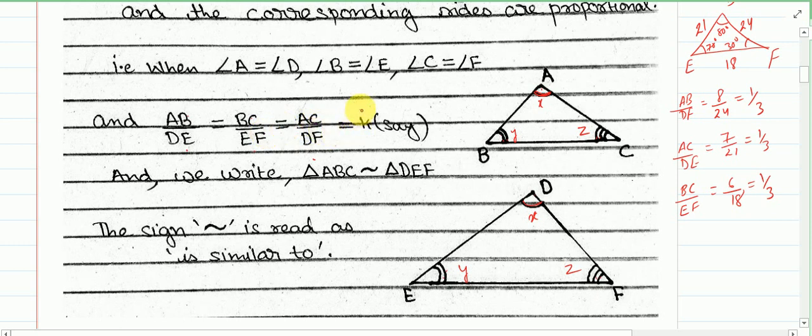So you will get a common value K. Like here we saw that AB upon DE is 1 by 3, AC upon DF is 1 by 3, BC upon EF is 1 by 3. So here you observe that AB upon DE is equal to AC upon DF is equal to BC upon EF is equal to 1 by 3.